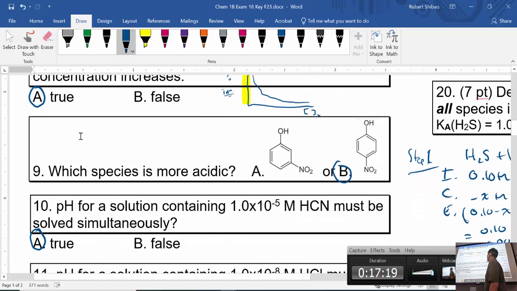Which species is more acidic? When I analyze something like this, I look at NO2. NO2 is called the nitro group in organic chemistry. This would be the nitro substituent. Let's look at the Lewis structure of the nitro substituent.